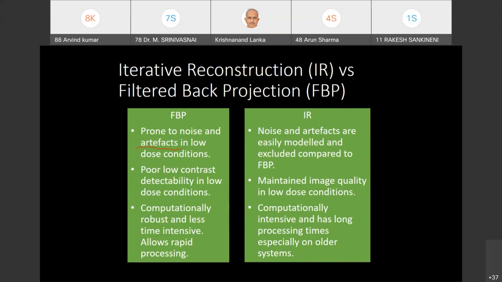For example, somebody has some implant already, like a titanium implant for the thigh bone. That is an artifact which can spoil the scanning because it is a metal. When X-ray hits it, a lot of scattering happens, and that scattering will spoil the image.